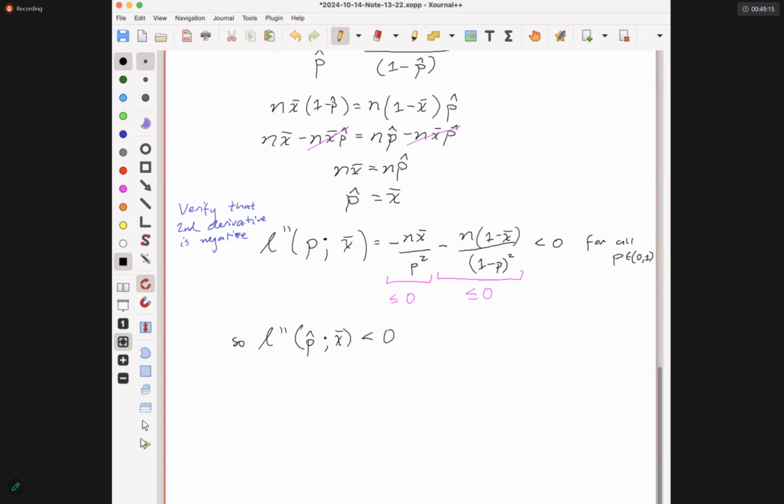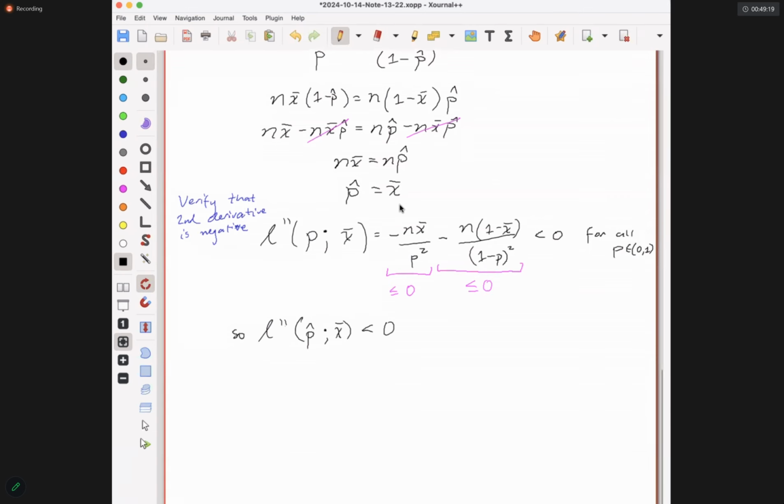But that means that our second derivative evaluated at p hat is less than 0. So p hat equal to x bar is the maximum likelihood estimator. Does that make sense?